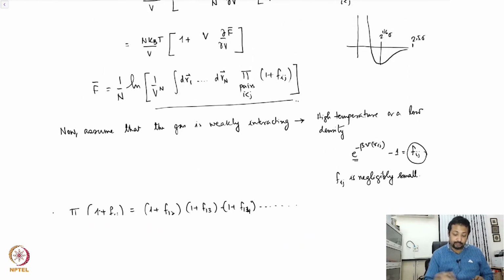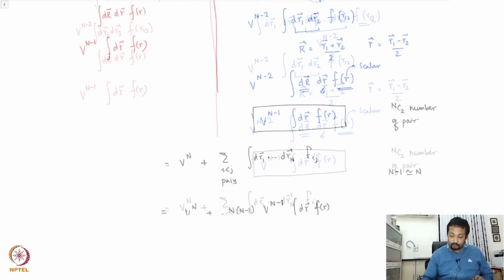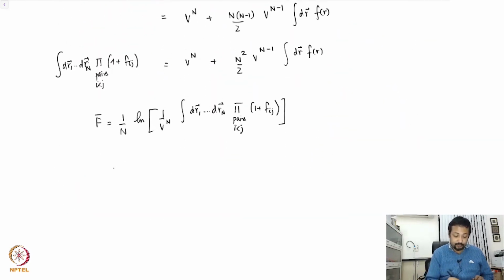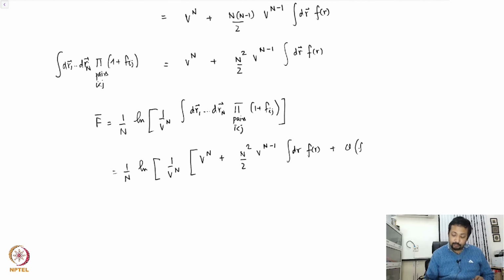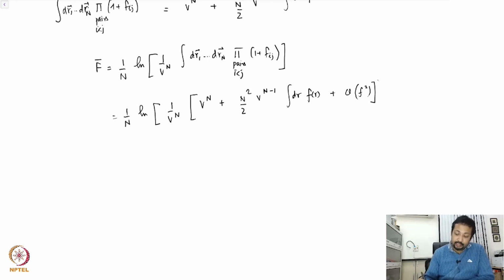It's exactly over here. And I know that now this integral has been evaluated, only in the low density or high temperature limit, as 1 over V to the power n times V to the power n plus n squared over 2 V to the power n minus 1 times the integral dr f of r, plus whatever you will have is going to be order of f squared, and then you close the bracket.